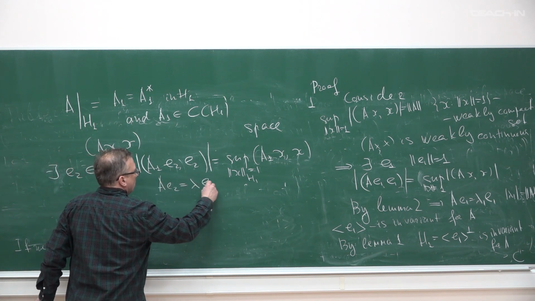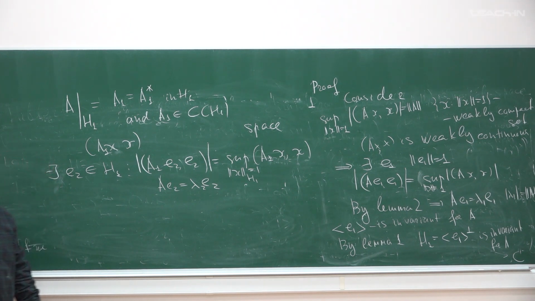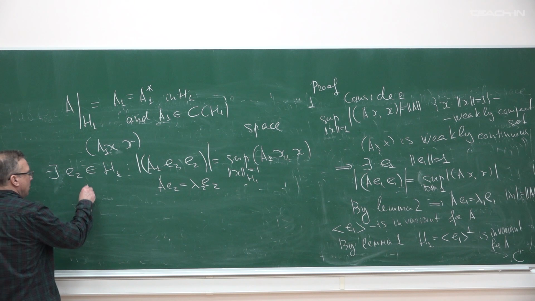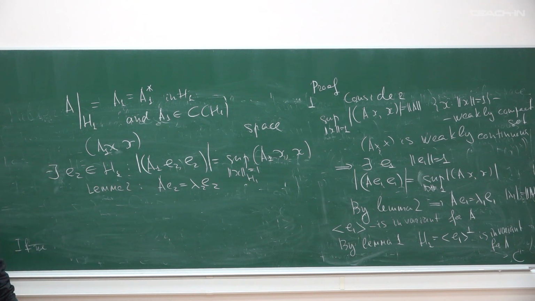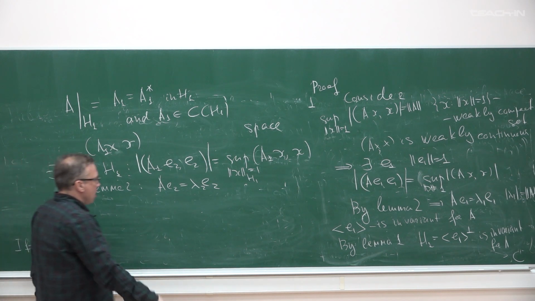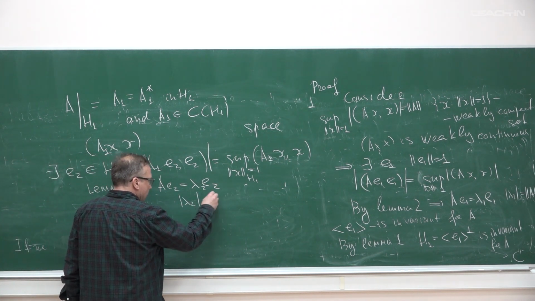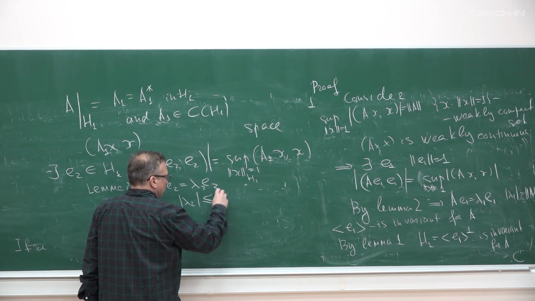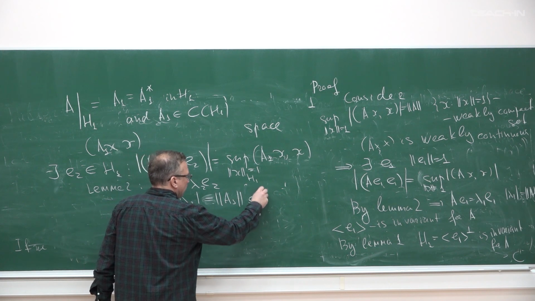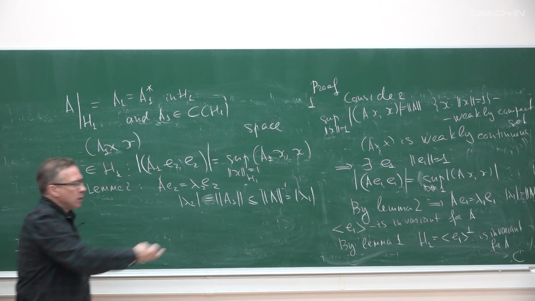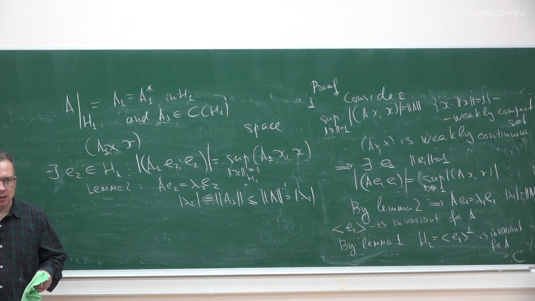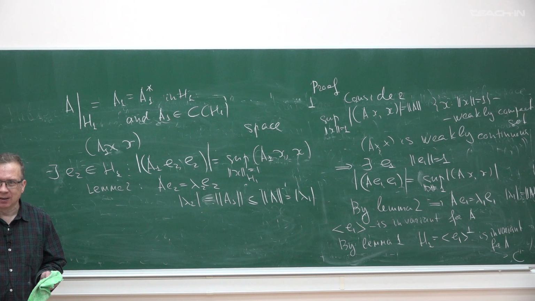So E2 is, by lemma 2, again an eigenvector, and moreover we automatically obtain the numeration we need: the absolute value of lambda 2 is less than or equal to that of lambda 1.